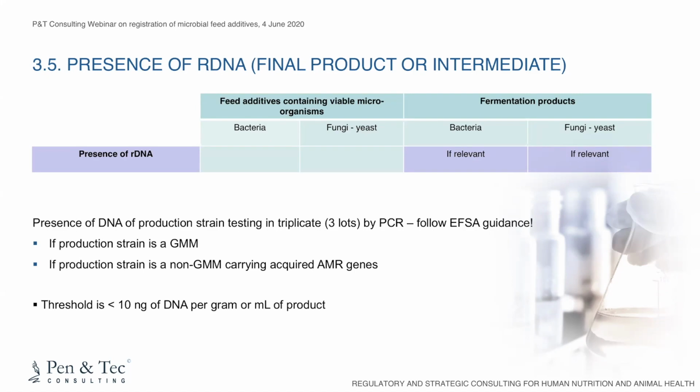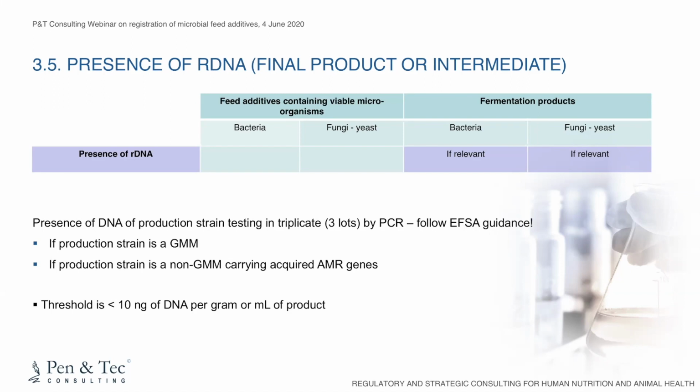This analysis must be done by PCR techniques, and they should be done in 3 independent batches analyzed in triplicates. The limit of detection should be 10 nanograms of DNA per gram or milliliter of product or lower. It is very important to follow all of the requirements and indications included in the EFSA guidance for these type of tests, including the different control groups or the lysis step, etc.